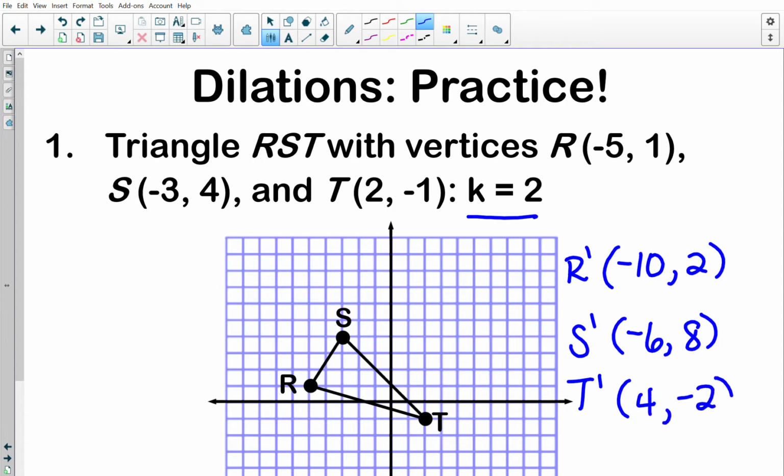And again, all I did was take that 2 and multiply everything by it. So now I'll graph those new coordinates. And I've dilated the triangle. And this is an enlargement.